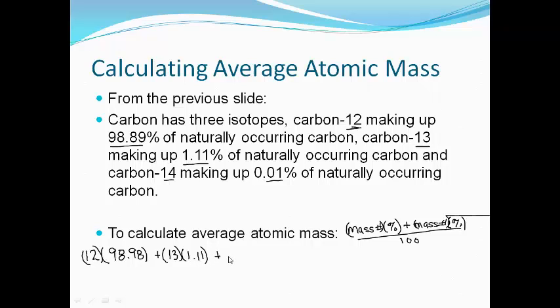And then the last isotope, carbon 14, with a mass number of 14 and a percent abundance of 0.01. We are going to add all of those numbers together, multiply, and divide by 100.